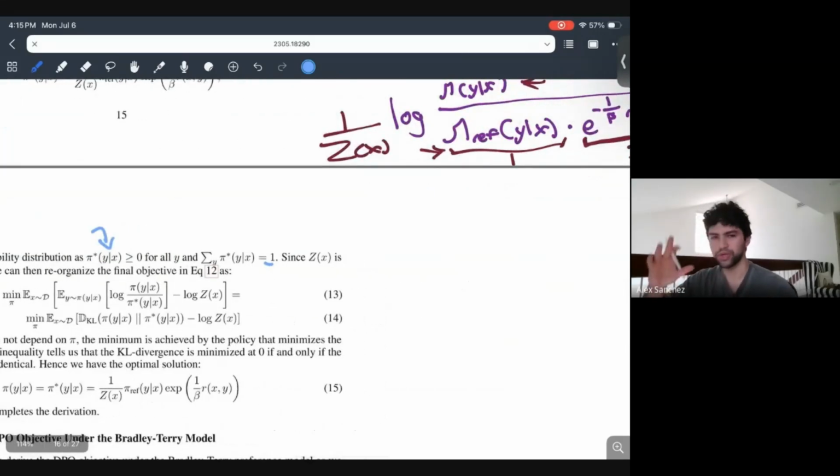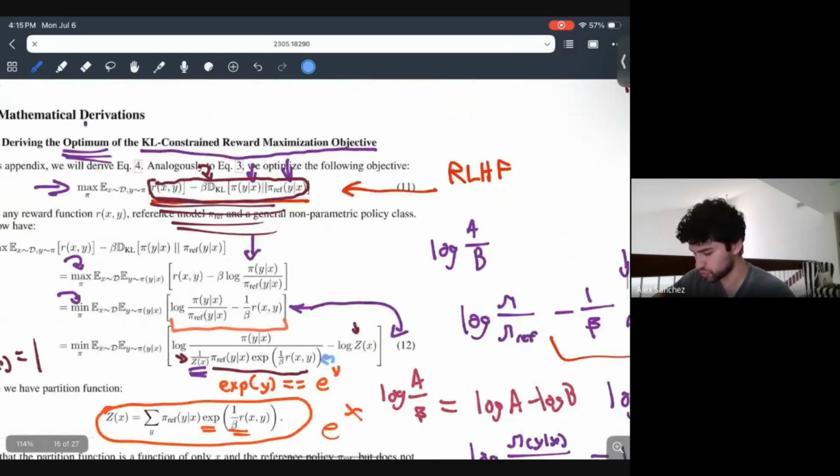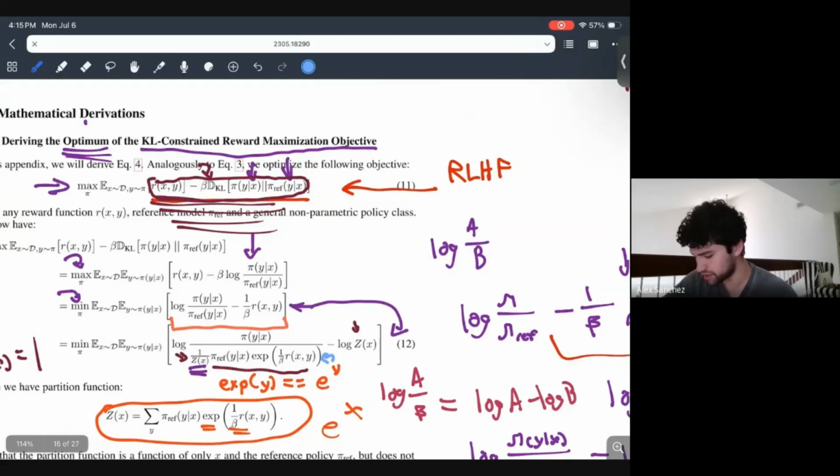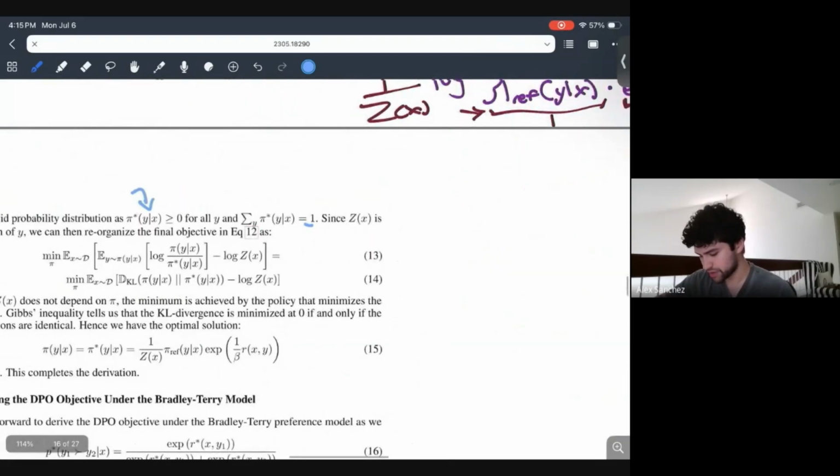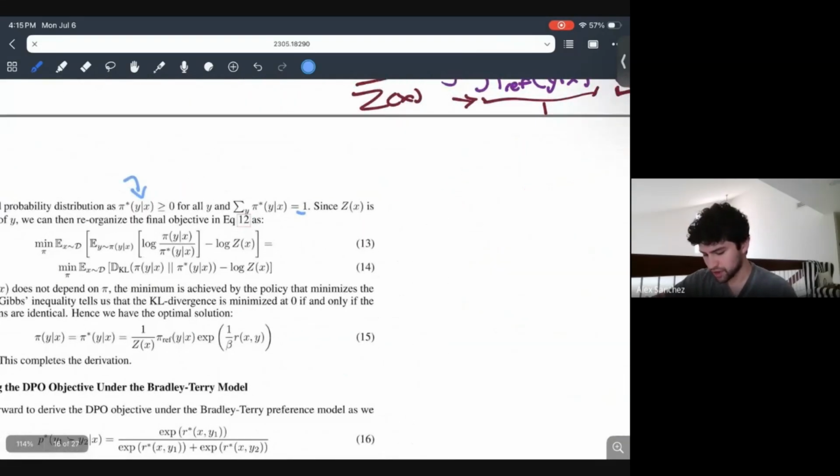Like we talked about, we're changing the way we look at this equation into a way where we don't need the reward to come from an external factor. And so here we have the goal.